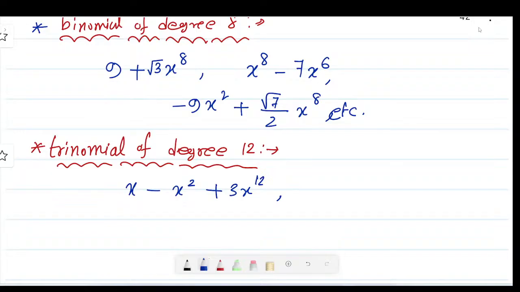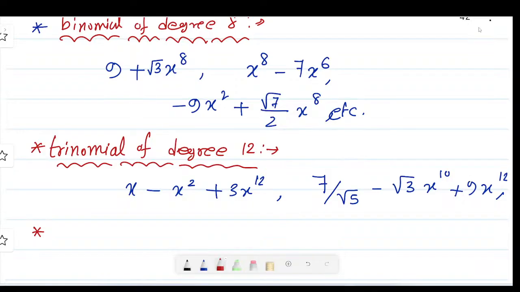It is true, yes. We can take a constant term like 7 by root over 5 minus root over 3 of x to the power 10 also, because we should remember the power of x should not cross 12. And here we can take x to the power 12. We may choose a coefficient here also. I am taking 9 as I wish. So we can make many examples.